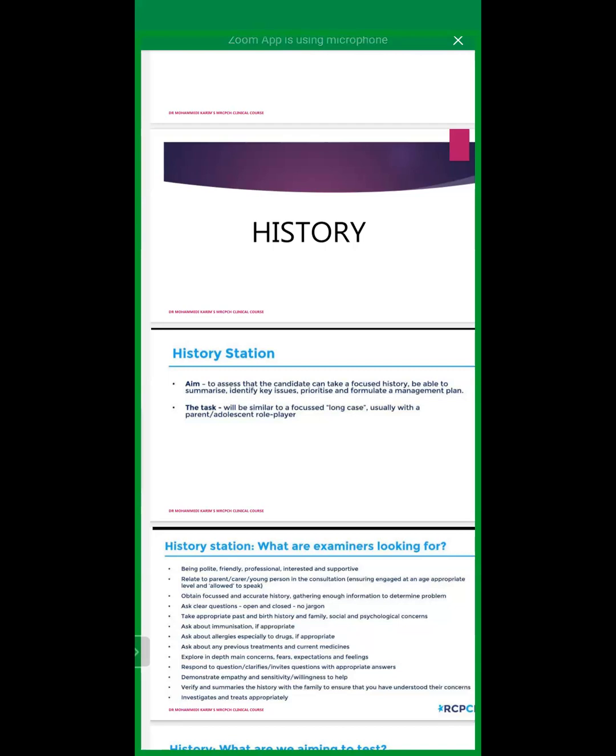For targeted history, you need to make differentials before you go inside for the history taking, and you should then go ahead and cut them down. Now, by the time you've taken the history, the examiner is going to ask you to present the history. Number two, he's going to ask you what's the differential. So if you have a list of differentials from before, you can easily say, okay, it's most likely this, but it could be this, but he did not have this.